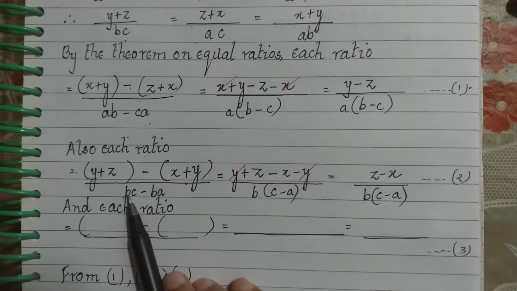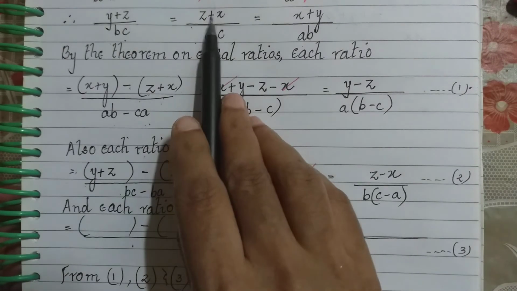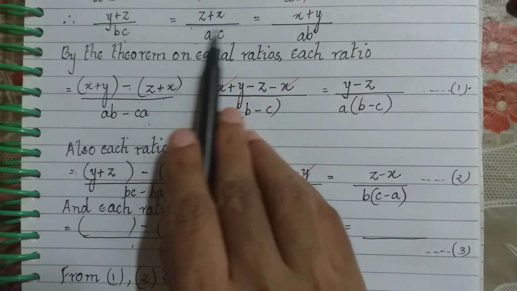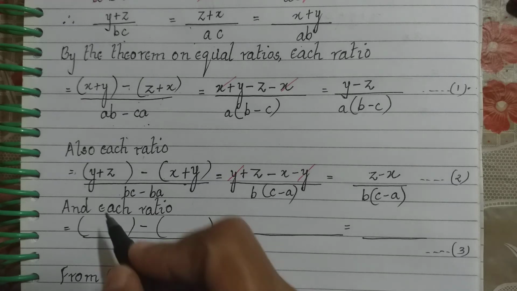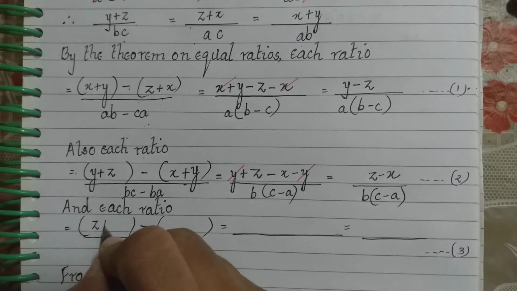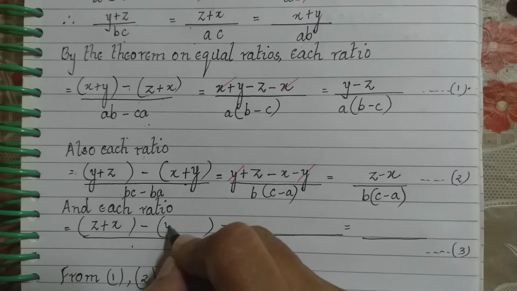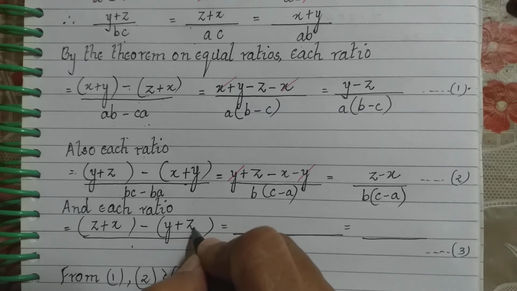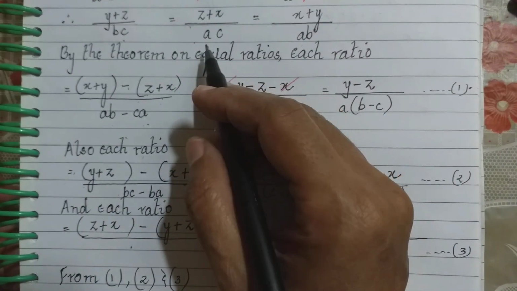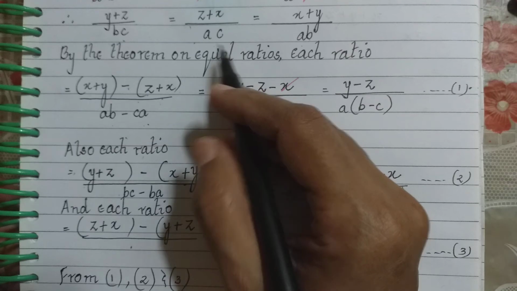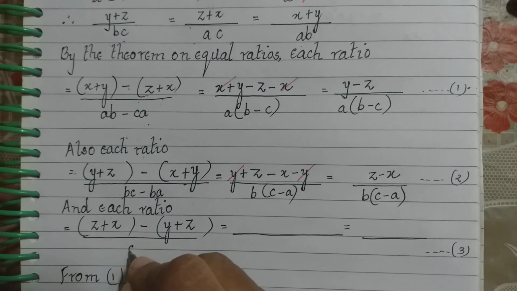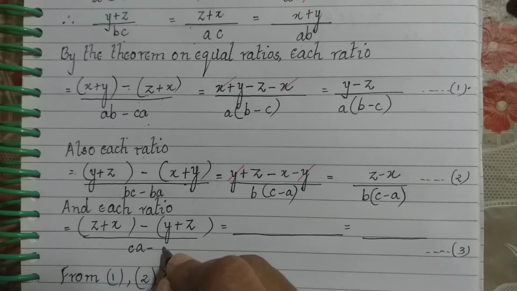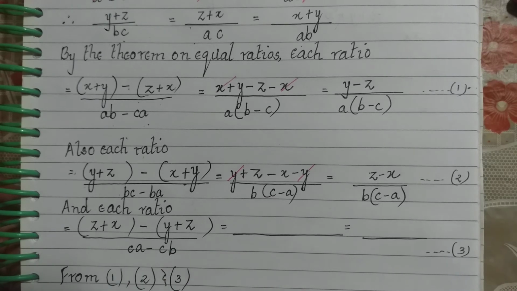So we write each ratio is equal to the second term, that is (z + x) minus (y + z). The denominator, we can write as ca minus bc, or ca minus cb. Why are we writing ca minus cb?